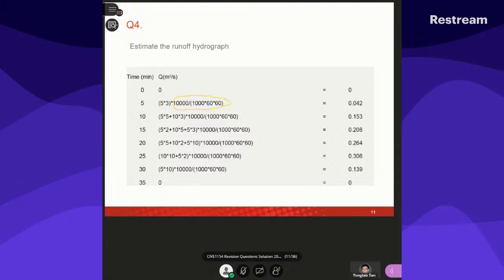This part is also used to convert the units. Step by step, you can find the runoff hydrograph, or the input hydrograph, of this rainfall.